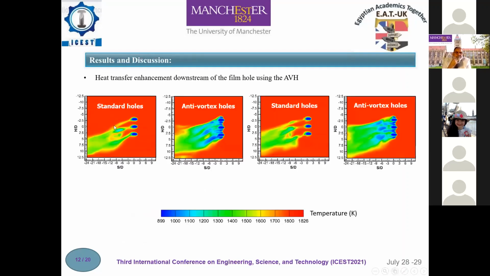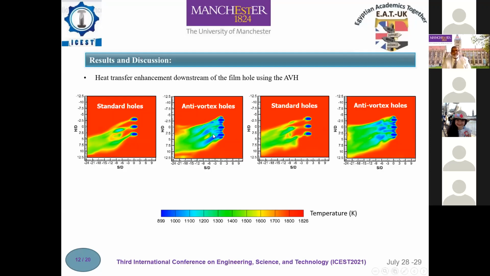Here I'm going to make a comparison between the results of the standard holes and the results of the anti-vortex holes design for low and high blowing ratios. When looking at these figures with the same blowing ratios but with the additional anti-vortex design, a great enhancement in film cooling can be seen compared to that of the standard hole, no anti-vortex hole, especially at high blowing ratios.